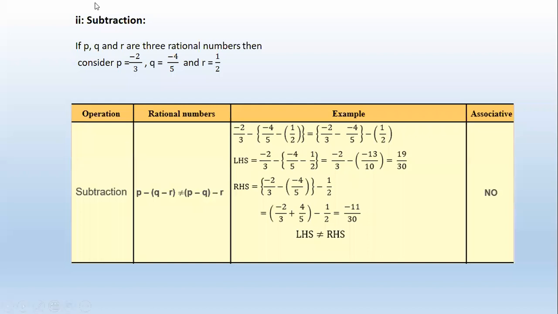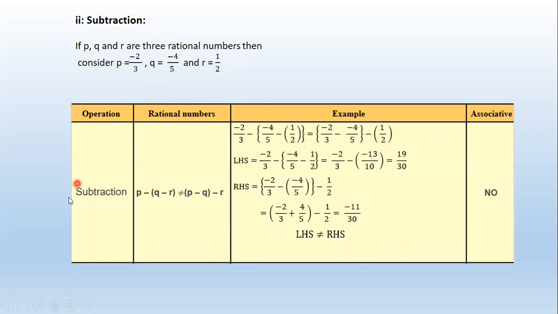Next, we'll see the associative property for subtraction. Here P, Q and R are rational numbers. I've considered P value as minus 2 by 3, Q value as minus 4 by 5, and R value as 1 by 2.